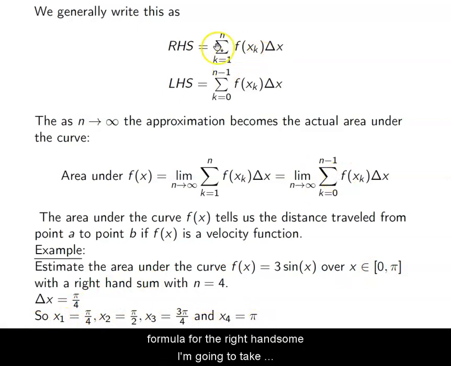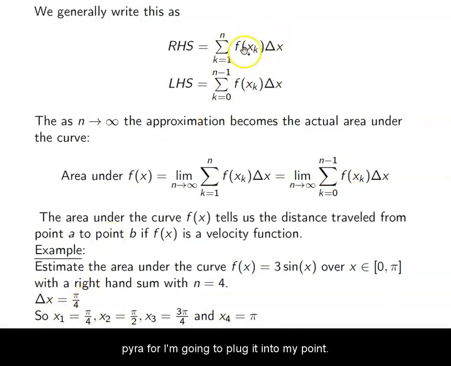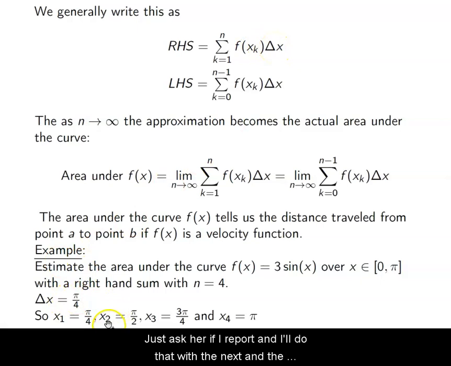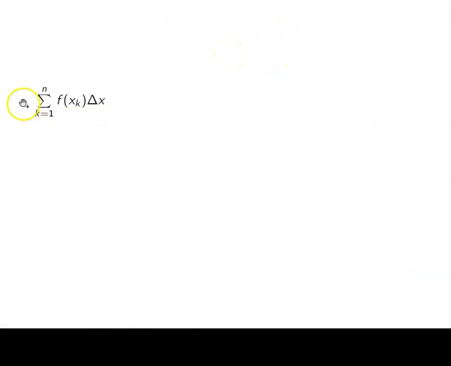So following this formula for the right-hand sum, I'm going to take pi over 4, plug it into my formula, which is 3 sine of x, and multiply that times delta x, or pi over 4, and then I'll do that with the next, and the next, and the next. So I'm just going to follow the summation notation. So my sum, starting at 1, going to n, I know n for me is 4, right?